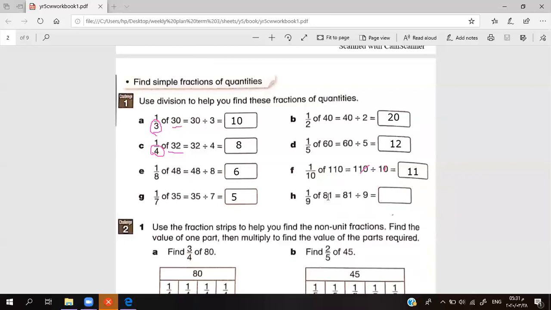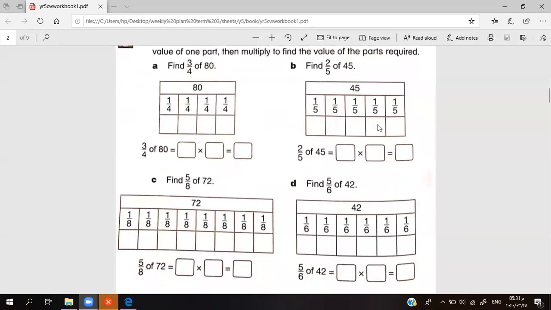Last one, ninth of 81. So I divide the 81 by the 9. So it's going to give me a 9. Okay. Here, it's the same idea, but here there's a trick.